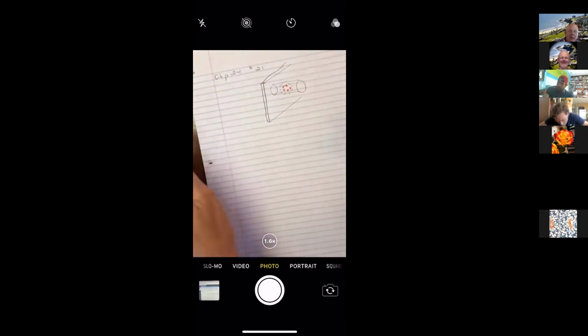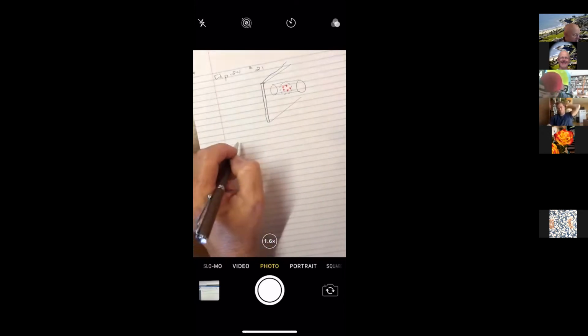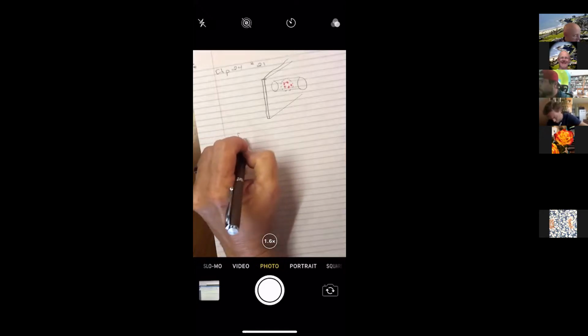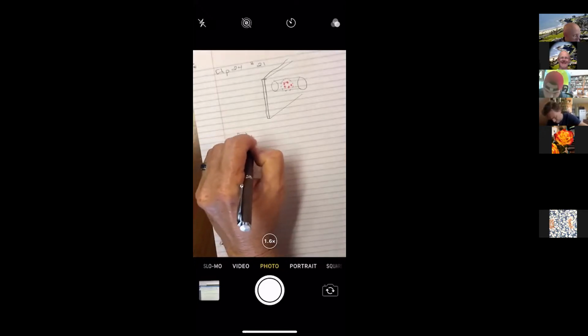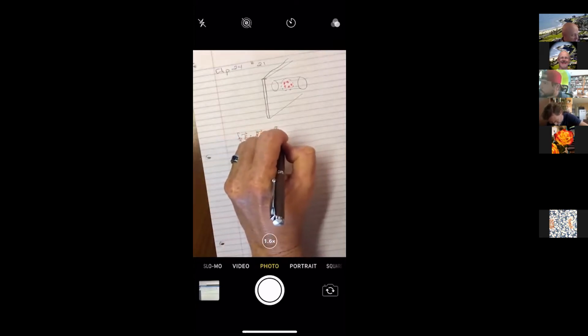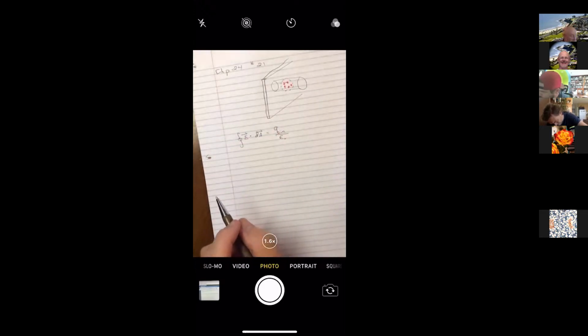It's not distributed within that Gaussian surface. And so the process of finding the electric field in this chapter is learning how to manipulate this equation. This is called Gauss's law.